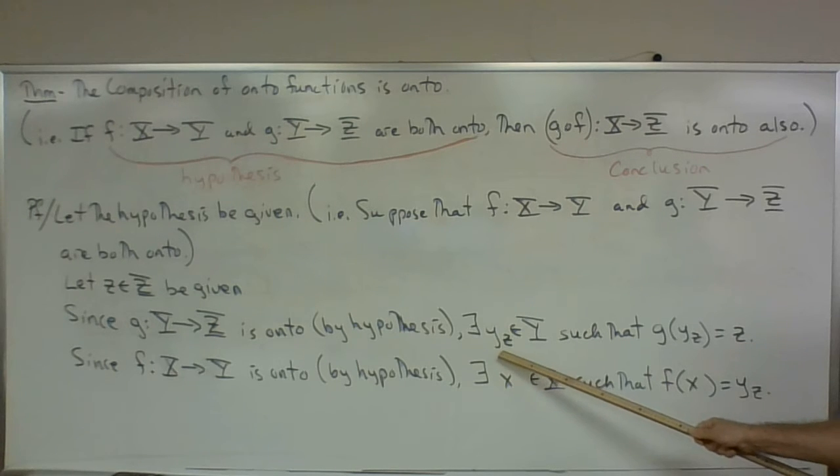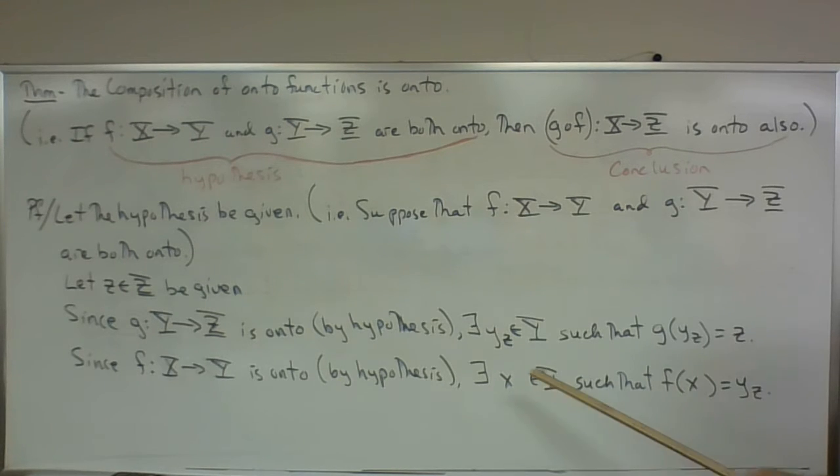This element y sub z exists because g is onto by hypothesis. So there is some element y sub z in set Y such that g evaluated at y sub z equals z.